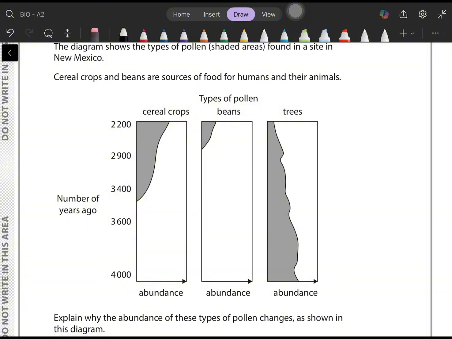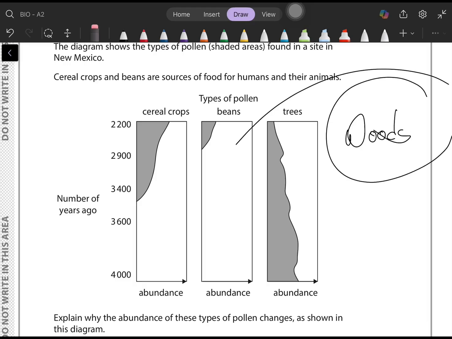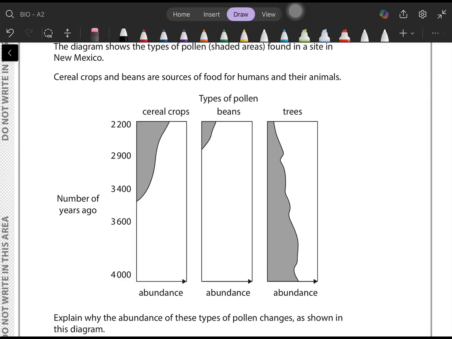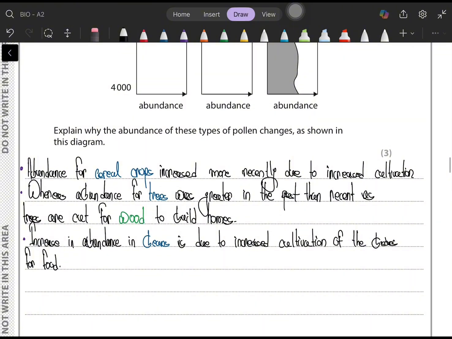And for trees, in the past they were abundant, but recently the number of trees starts to decline. Why is this? Because the population is increasing and people are cutting down trees and forests to get wood to build houses or to keep themselves warm by burning it, right?